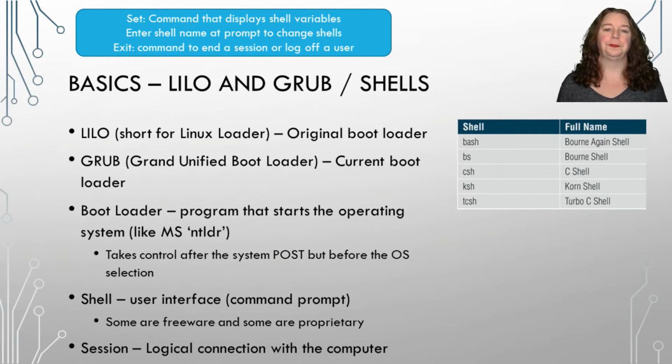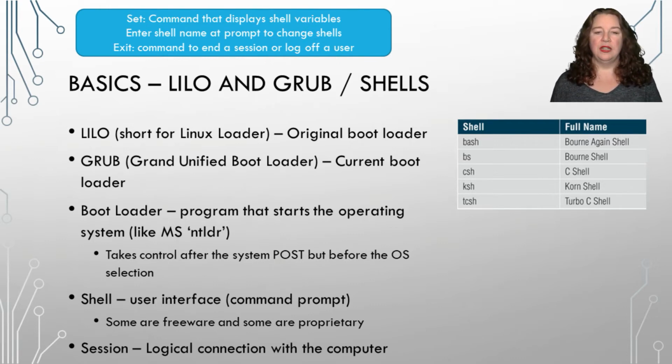This is your shell. Once you are in your shell, there's a couple of commands that you can use. The set command displays all of your shell variables, so you can have some variables that you want to use. If you want to switch shells, just enter the shell name and hit enter, and it'll switch shells on you. And then you can use exit. Exit will either end a session or log a user off, depending.